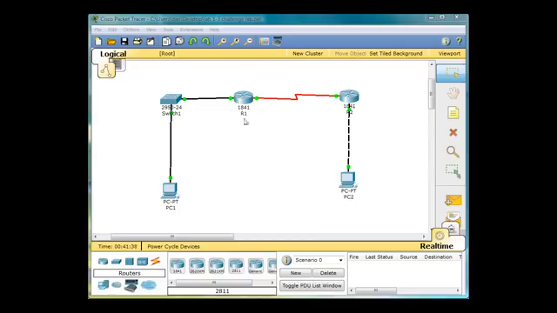But anyway, everything's been configured correctly, and the problem is that the PC can ping the router here. It can ping the serial interface of the router here, but it can't ping the serial interface of the router here.